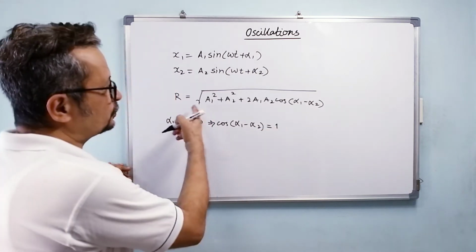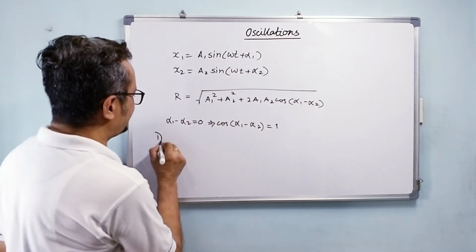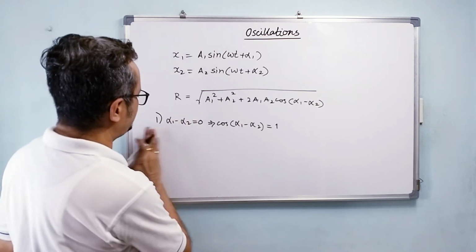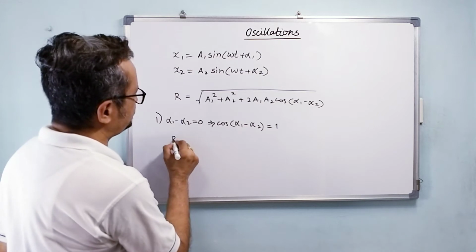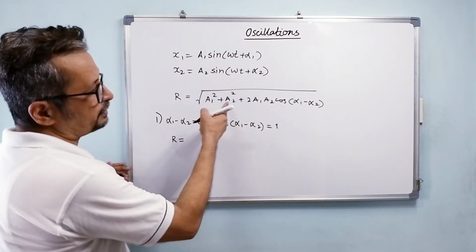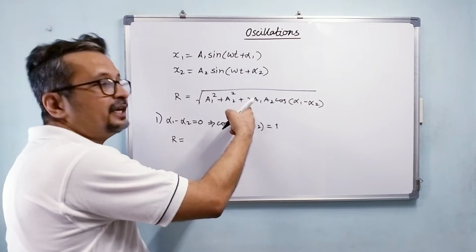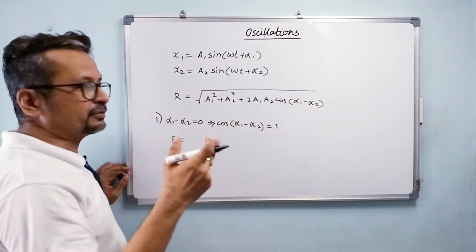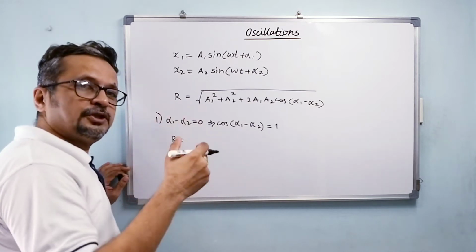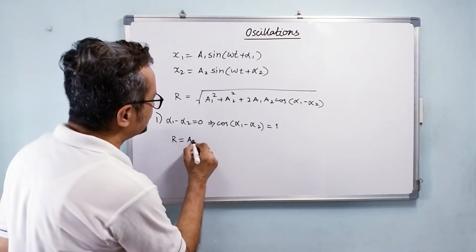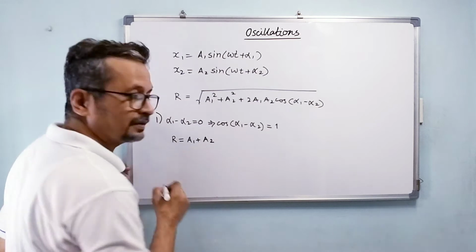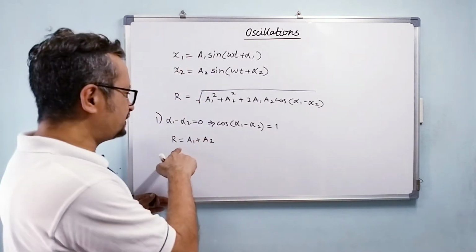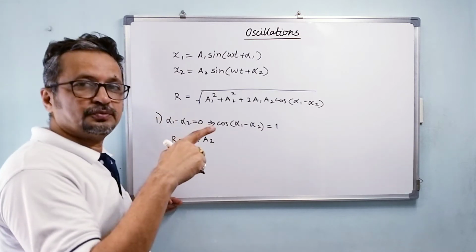So in case 1 my resultant becomes a1 square plus a2 square plus 2a1 a2 into 1, which is a1 plus a2 whole square, and the square root of that is a1 plus a2. So if they are in the same phase, my resultant is the sum of the two.